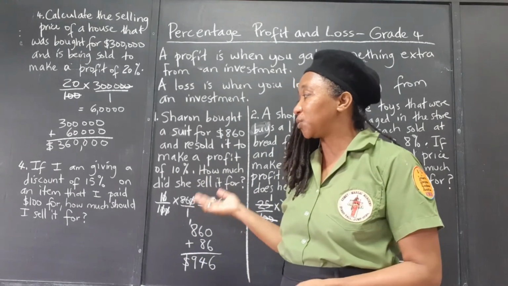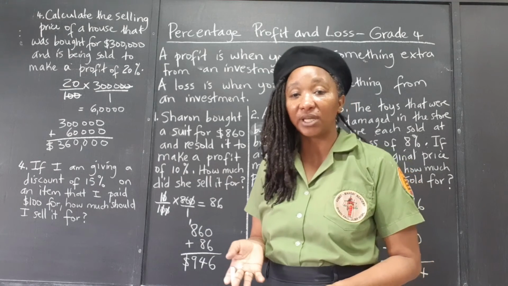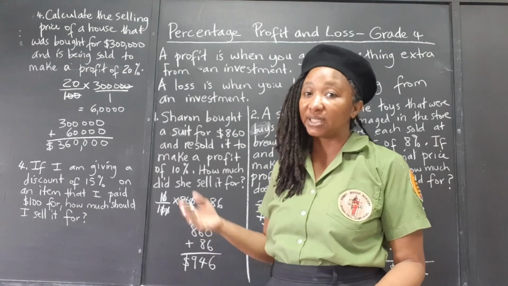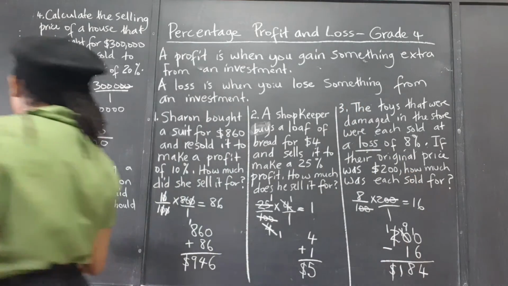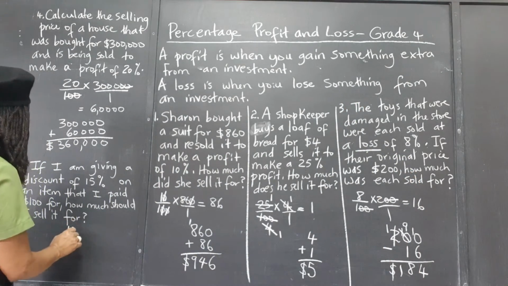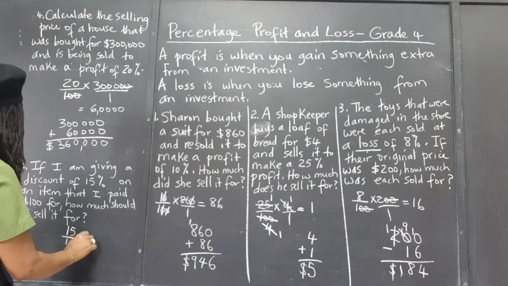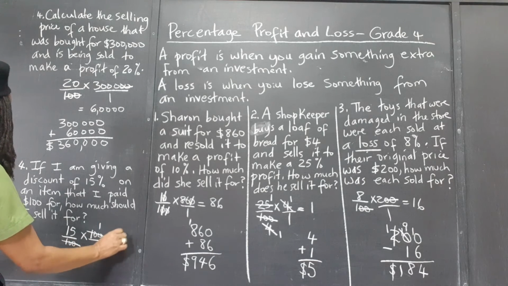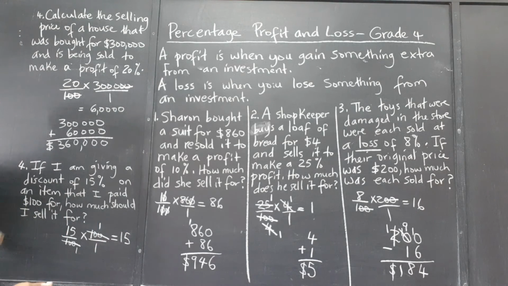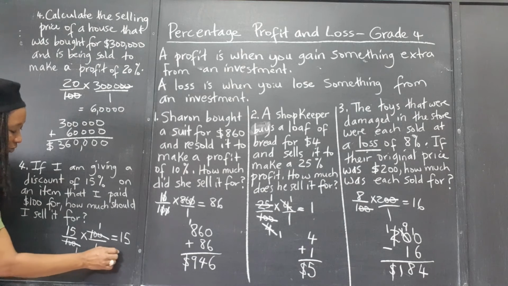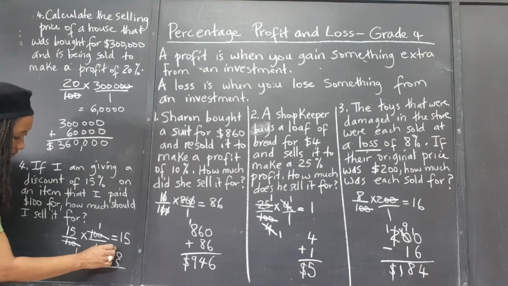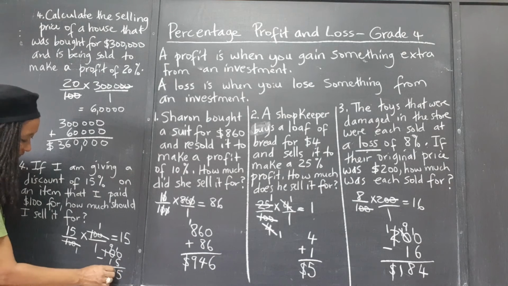So let's find out what's 15% of the $100, and then we're going to subtract it because a discount is a loss. So 15% of the $100, and the 100 cancels itself out. So 15% of $100 is $15, and we're going to subtract 15 from 100. And we're left with $85.